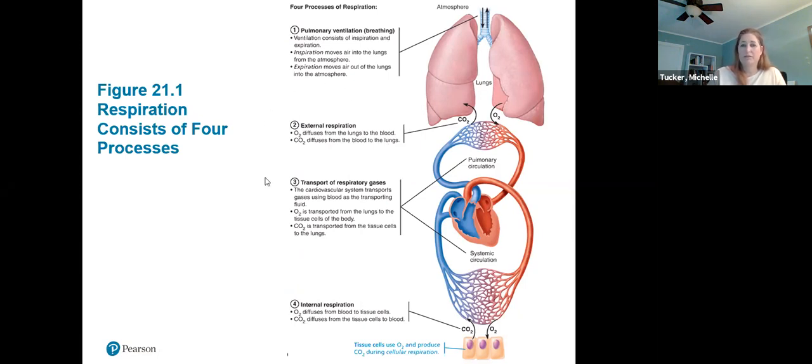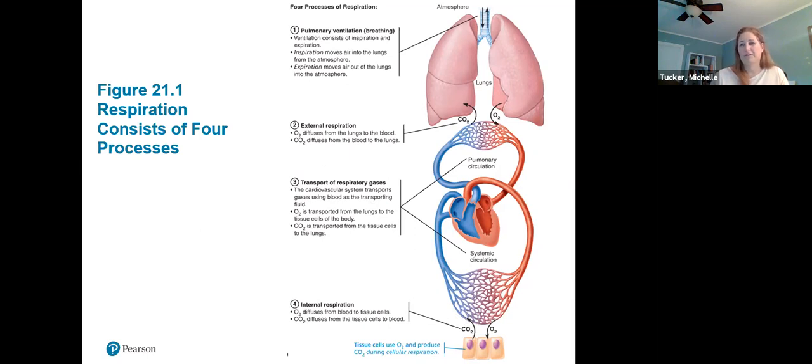Third process, transport of respiratory gases. Oxygen is transported to the tissues, CO2 is transported from the tissues to the lungs. And then internal respiration is the diffusion of oxygen into the cells and of carbon dioxide out of the cells. So very basic overview.